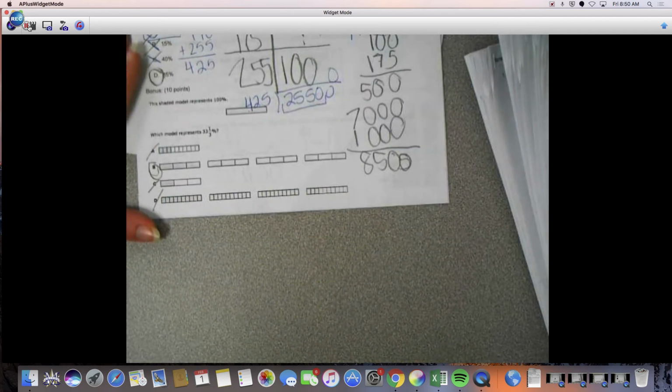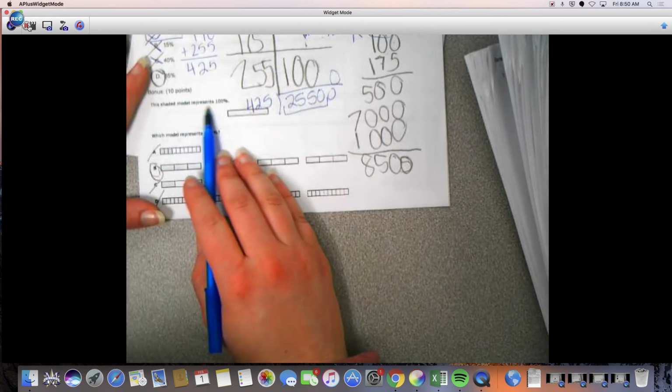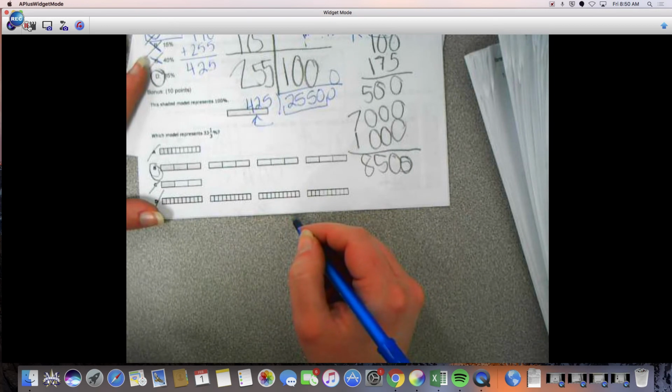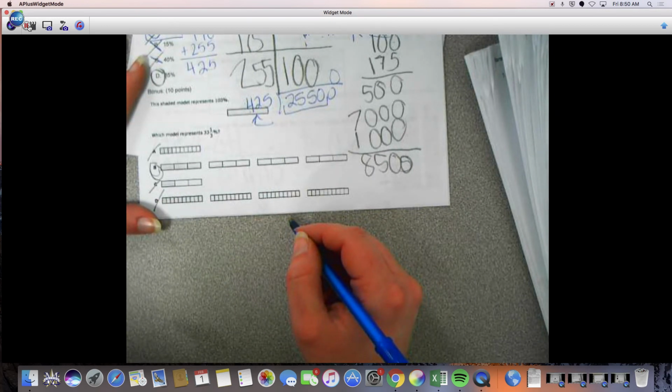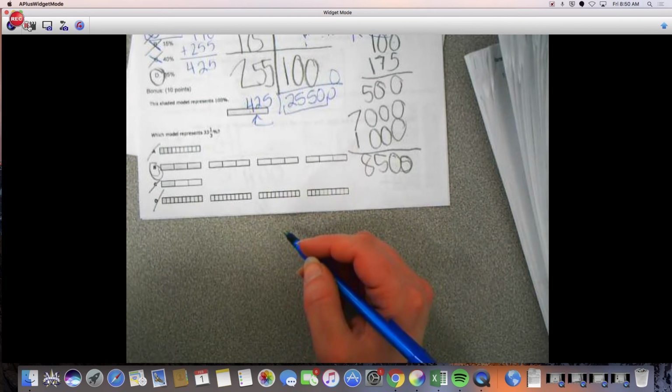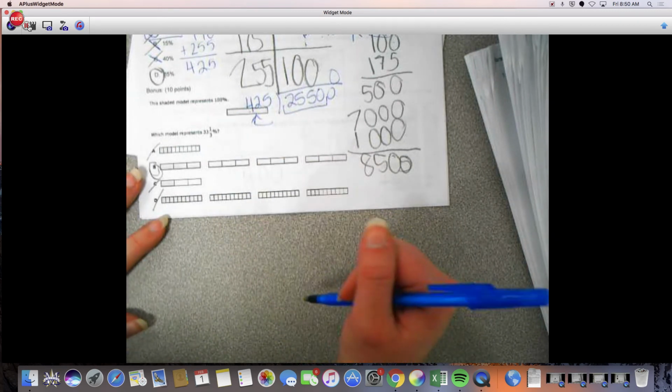Last bonus question. The shaded model represents 100%. This is 100%. 100% is one whole.